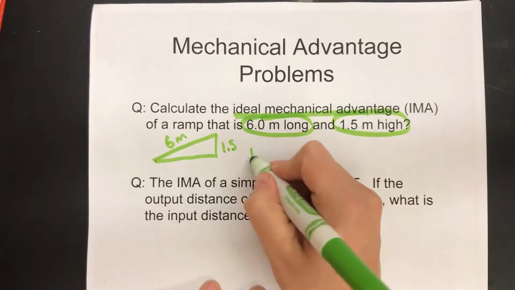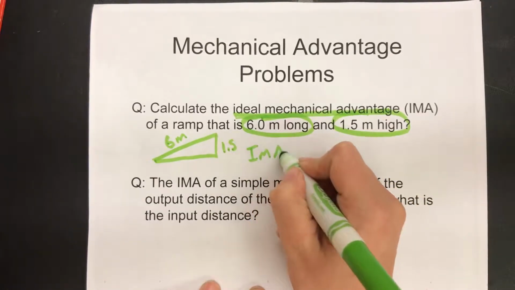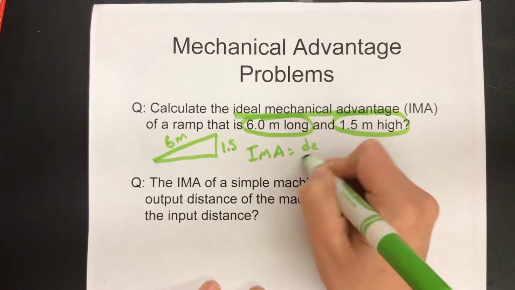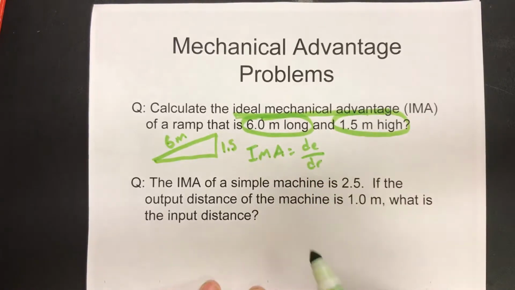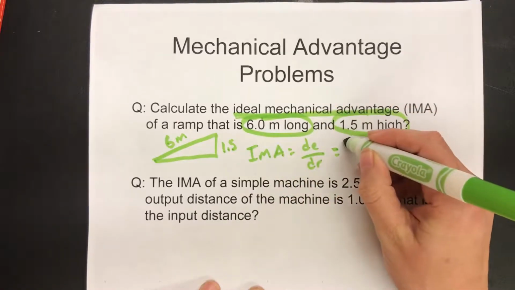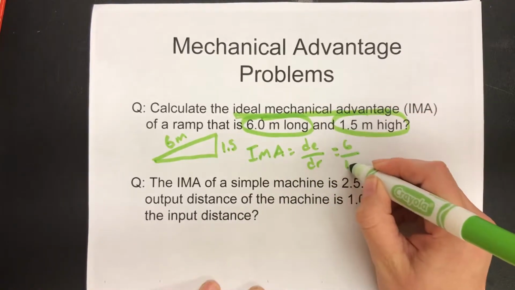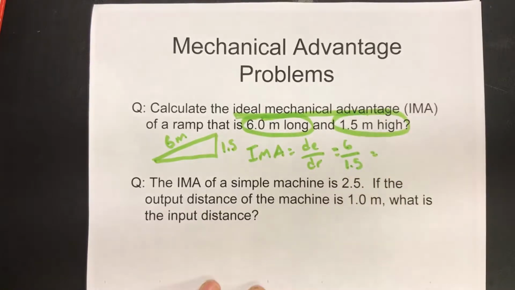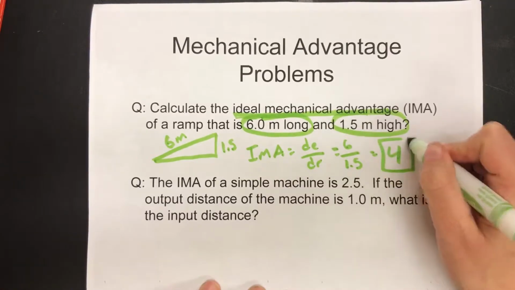Now remember, our formula is IMA equals DE over DR. Remember, whatever the person is doing is the DE, so that's 6 divided by 1.5, which gives you 4, and that is your answer.